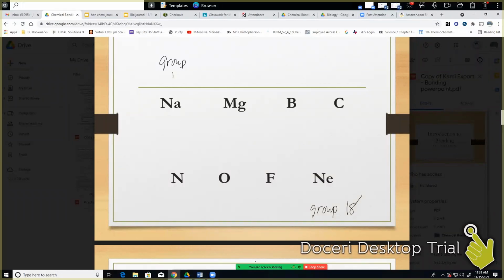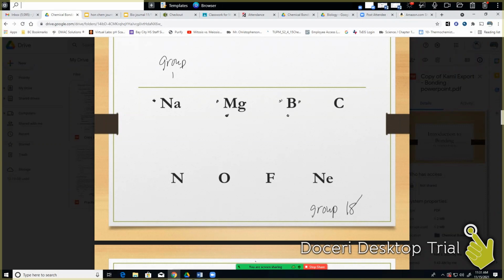So for my Lewis dot for sodium, it's in group 1, so it has 1 valence electron. So I would put 1 dot on one side of it. It doesn't matter which side. Magnesium is in group 2, so it has to have 2 dots. And just like with electron configuration, we have to have 1 on each side before we pair up. Boron, group 13, so it would need 3. 1, 2, 3.